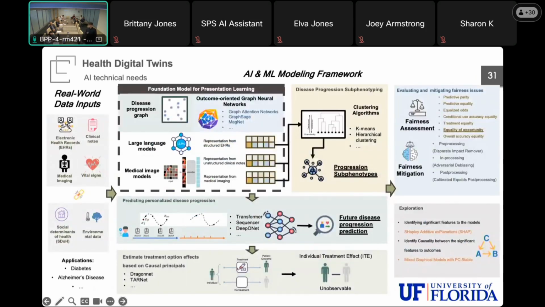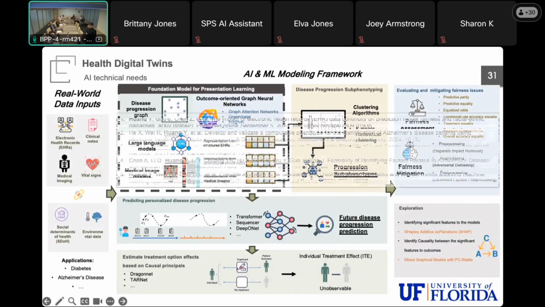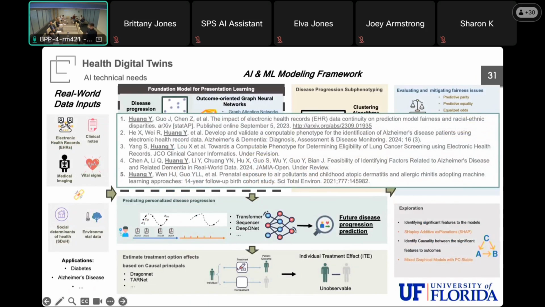Okay, beyond this specific study, I have also listed the necessary techniques for creating a health digital twin. So we need real-world data. For the data inputs, we need algorithms to identify the subtypes. We need techniques to link these real-world electronic data to outside factors like SDOH and environmental factors.